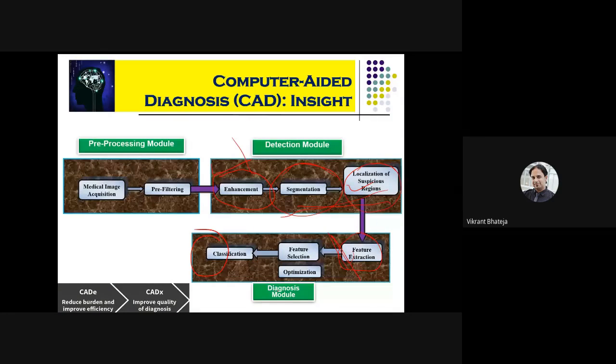The only difference is that on the response of the detection module, that is CAD-E, we apply a kind of decision support mechanism with the help of feature extraction and classification, and it becomes CAD-X, that is your computer-aided diagnosis approach. So over here I have just recapitulated the entire CAD thing so that it could be very well correlated with the research problem selection.